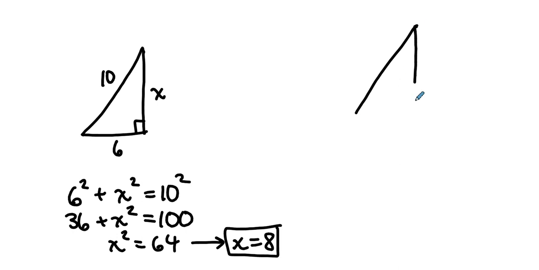Or, if you like, we can find the hypotenuse. I should probably use a different letter because I'm on the same screen. Leg squared plus leg squared is hypotenuse squared.